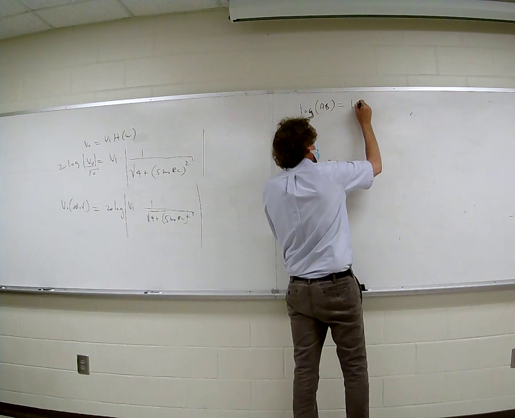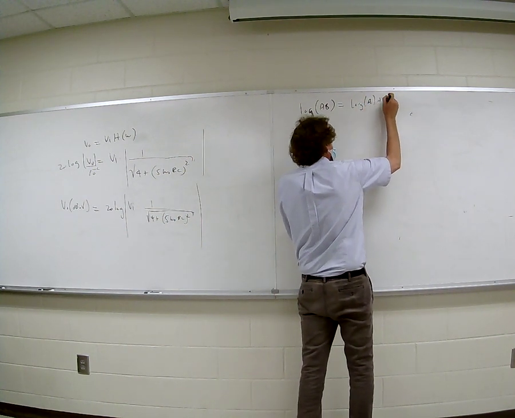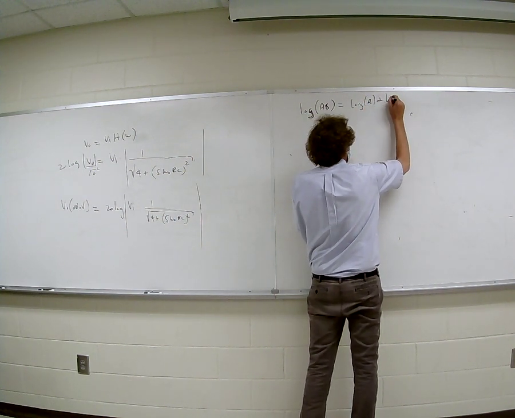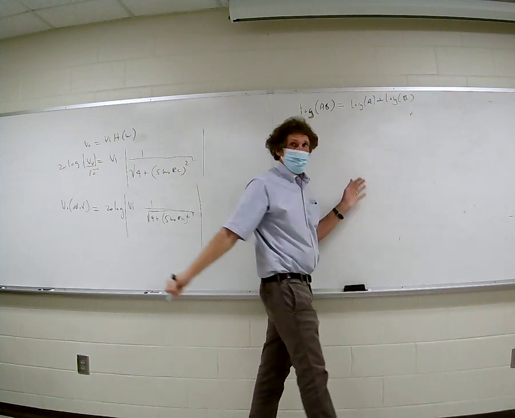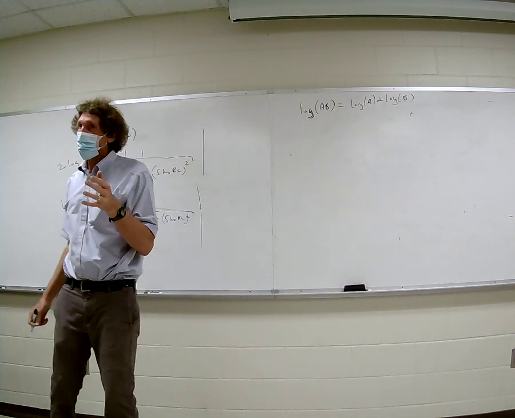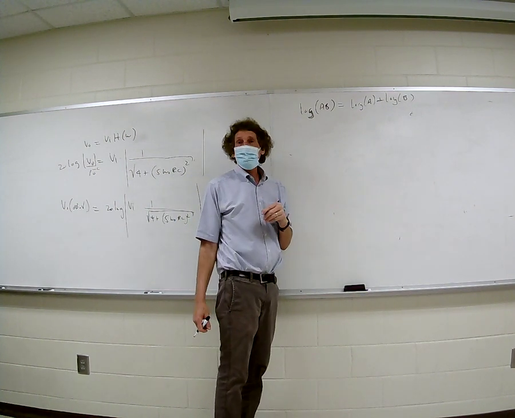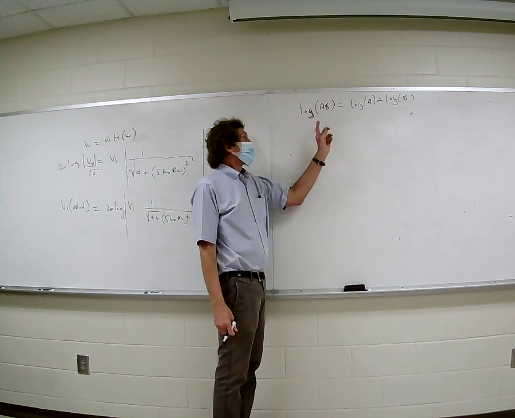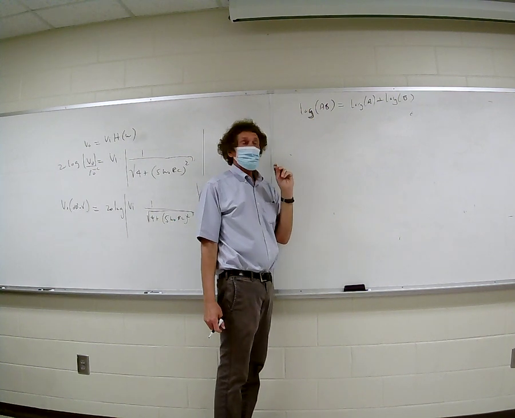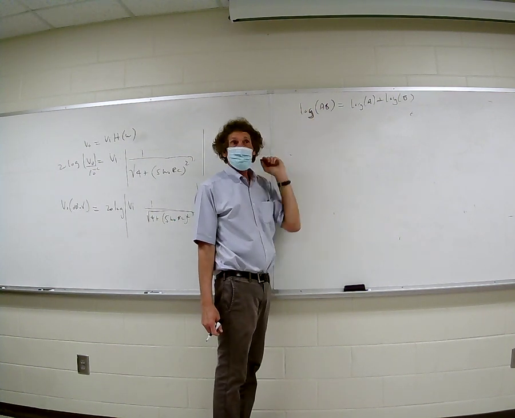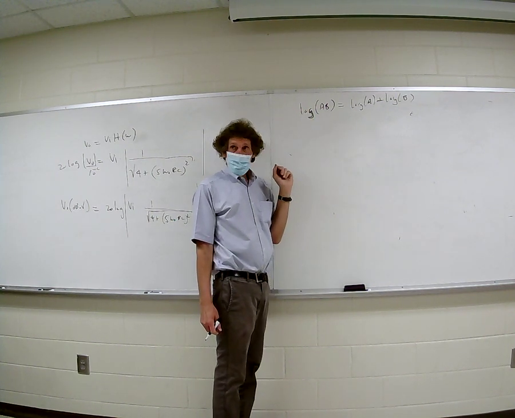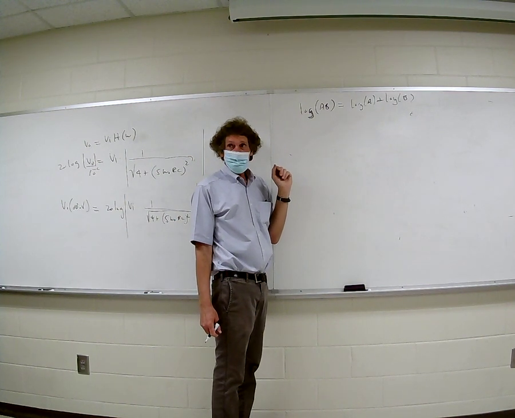Isn't that just log of A plus log of B? Isn't that right? I mean, do it for yourself. Make A and B, say, 100, right? You got 10 squared, 10 squared, 10 to the fourth. Log of 10 to the fourth, 4, right? This is base 10.